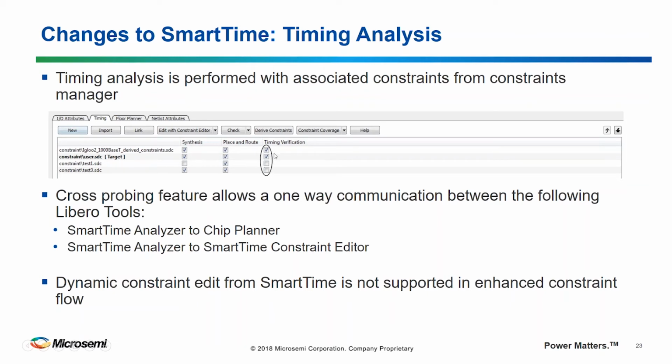The enhanced constraint flow supports SmartFusion 2 and Igloo 2, the RTG4, the new flash-based space devices, and our newest family, PolarFire. And in fact, PolarFire is only supported with the enhanced constraint flow. It's not supported with the classic constraint flow.